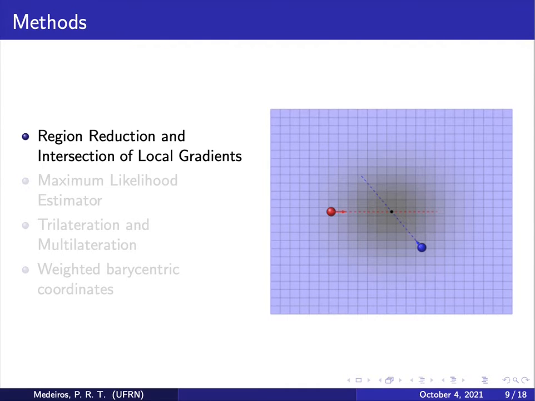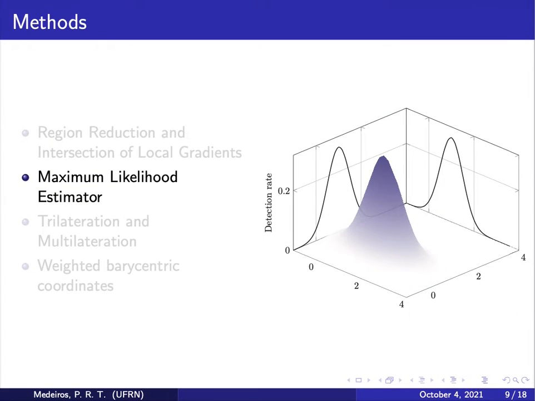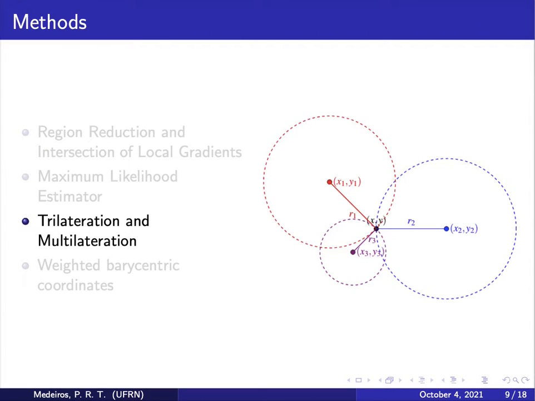The detection surface converges to a multivariate normal distribution, where the mean represents the target position. For this, we can use the maximum likelihood estimator. In these methods, we interpreted the detection of the fovea as a circumference that increases when the detection value decreases.